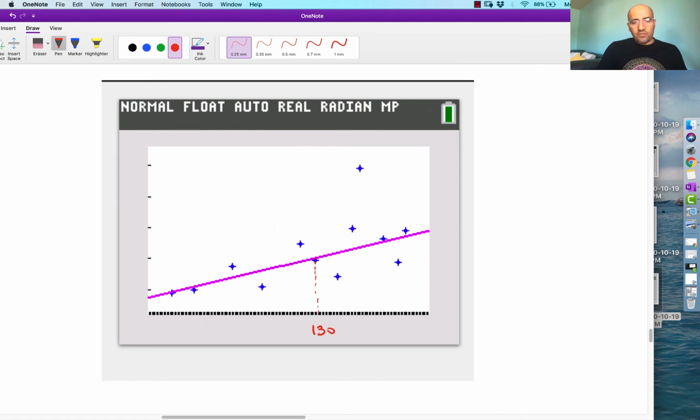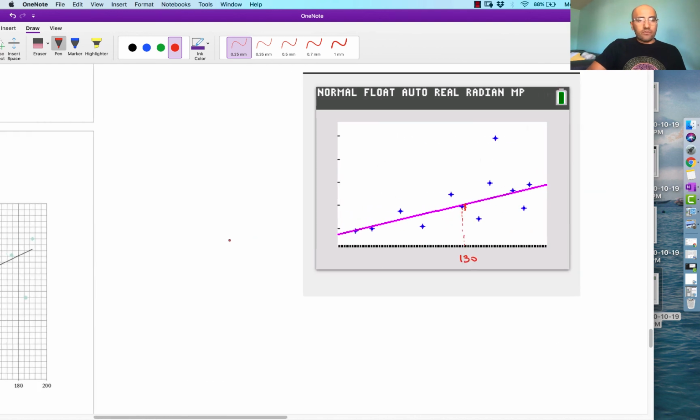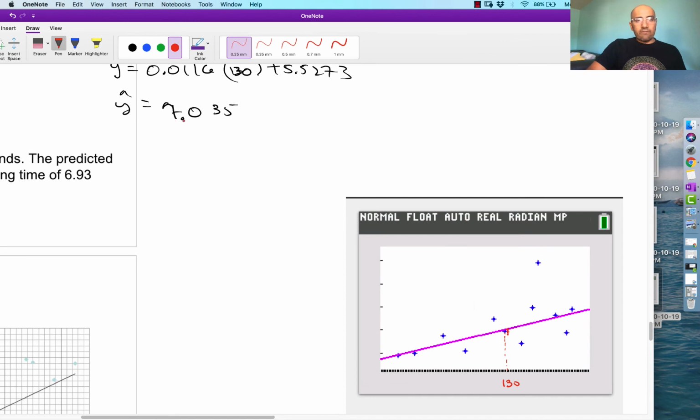Even though there's not much space there, there is the blue box and then the magenta value, and they're not exactly one on top of the other. There will be a little gap there, right? Which is kind of hard to see here. They're very, very close. But the value on the magenta line is the result of my least squares regression line, which is 7.035. On the other hand, the 6.93 is the actual observed value.